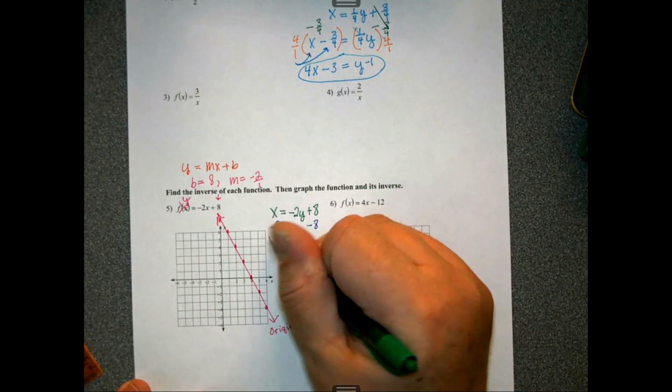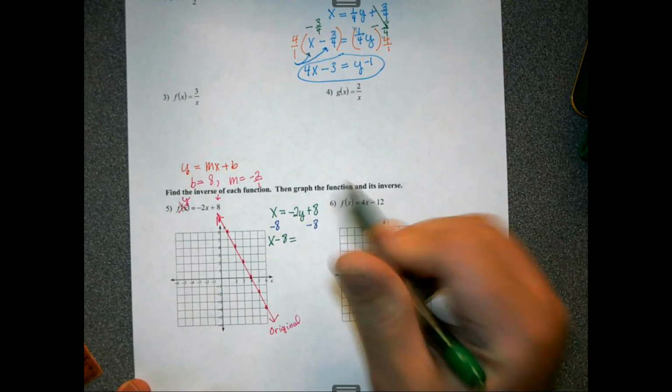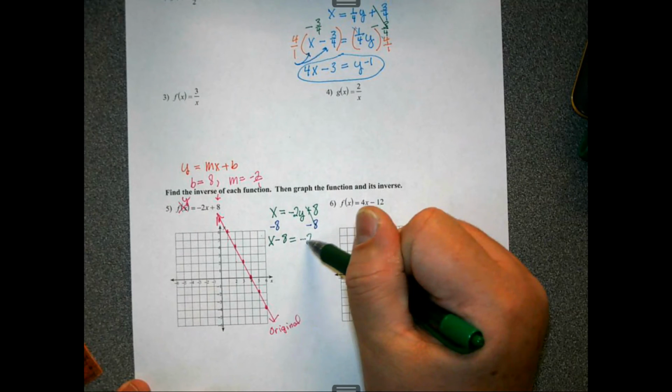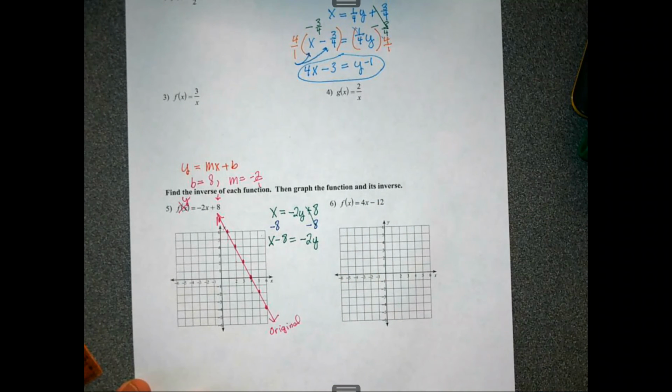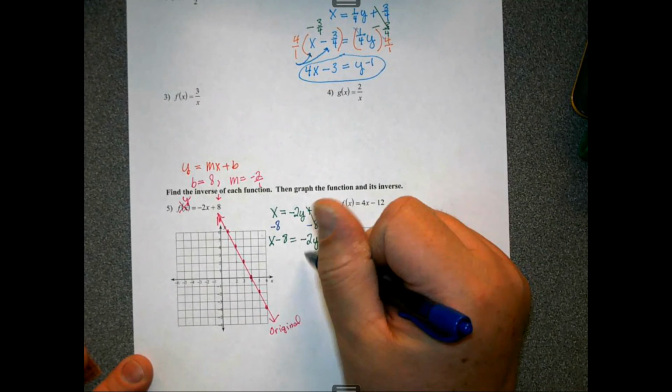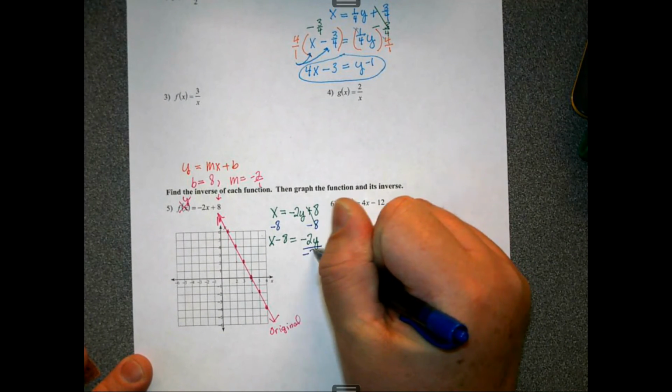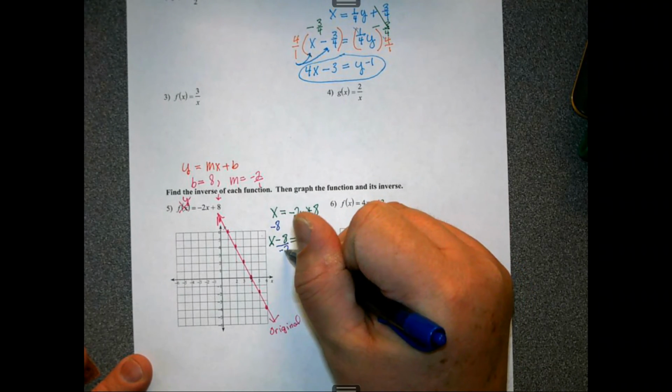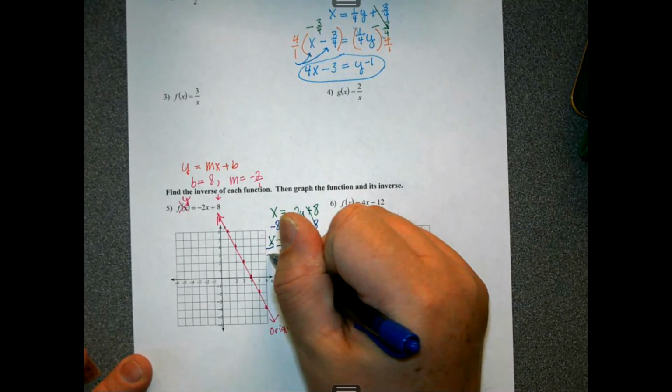So I have x minus 8 equals negative 2y. Now, since I'm going to have to graph this, I'm going to have to divide every term by negative 2. There's a 1 in front of that x, right?